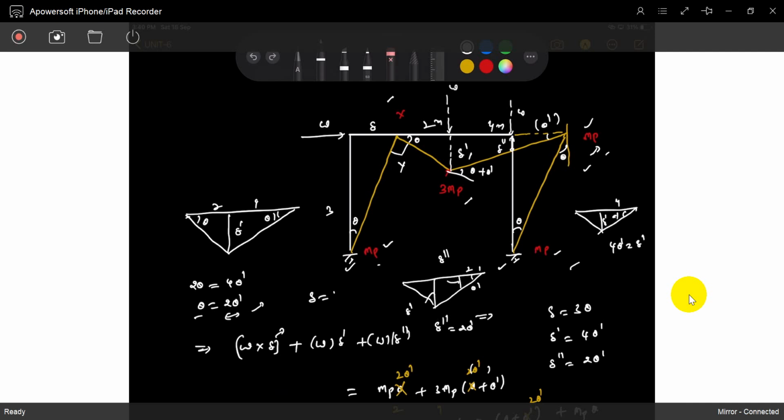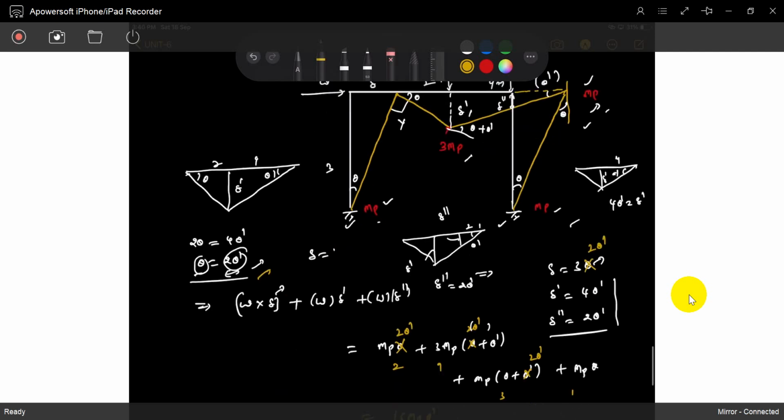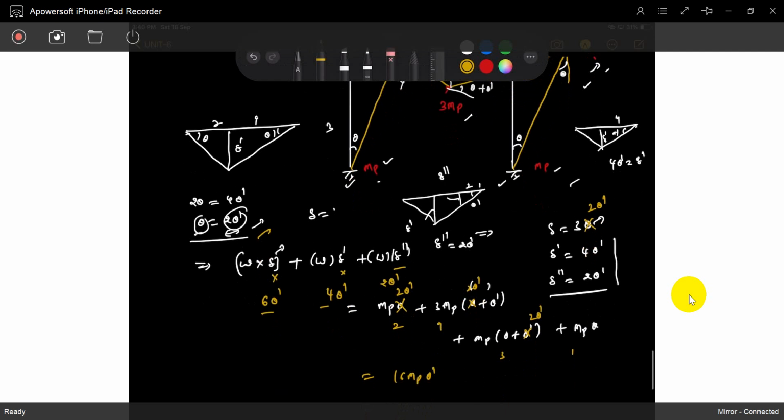But this theta also I want to write in theta dash. How can you write? Here you will see theta, you can write 2 theta dash, so that's why I will write 2 theta dash. So this theta is 6 theta dash, this is 4 theta dash, this is 2 theta dash. 6, 4, 10, 12.